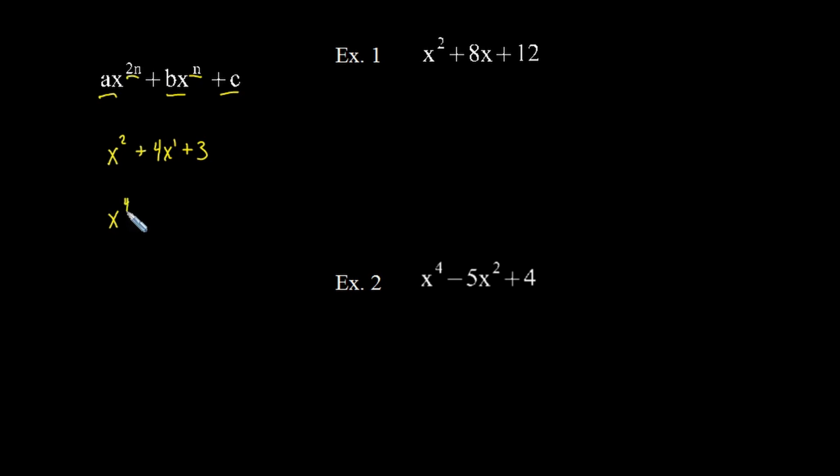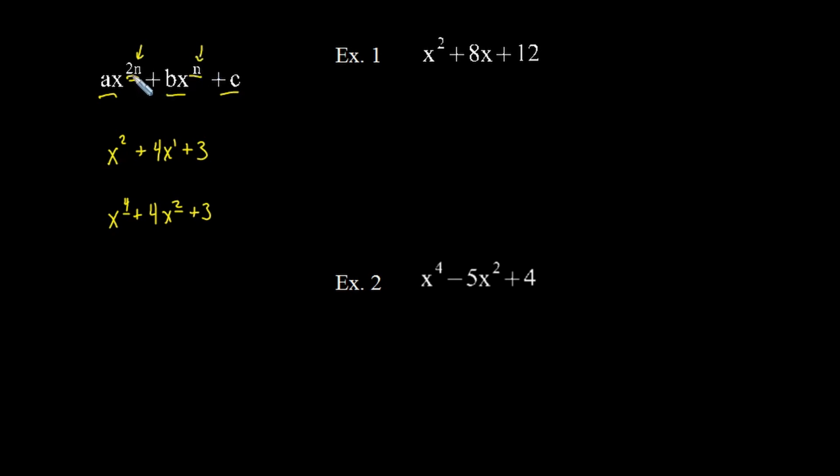But in quadratic form, we can also factor these so long as the exponent of the first term of the polynomial is twice that of the middle term. So you can see 4 is twice that of 2. In the most general form, we have ax, bx, and c, but don't concentrate on that so much as just look at the exponents.